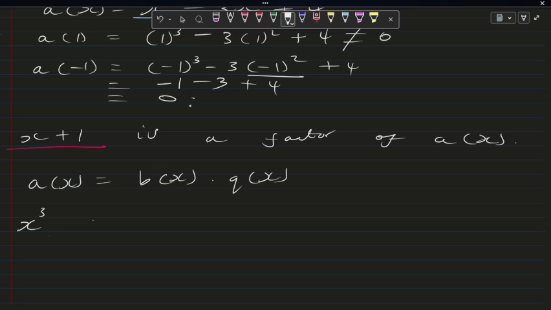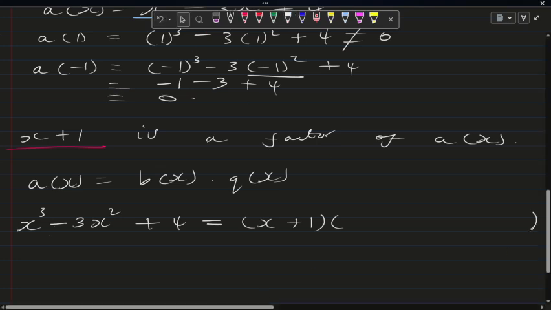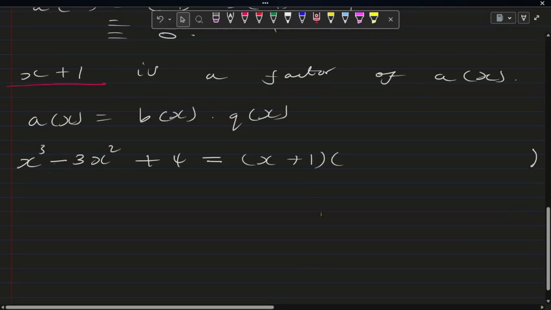A of x was given to be x cubed minus 3x squared plus 4, and we have found that b of x is actually x plus 1. We do not know what q of x is, so we have to find ways to determine the value of q of x.